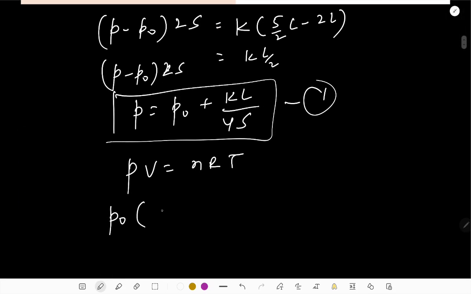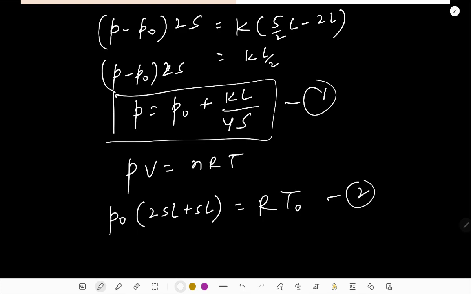So the pressure is P naught, the volume is 2SL plus SL, the number of moles is 1, so n is gone and this becomes R, and the initial temperature is T naught. This is my equation.